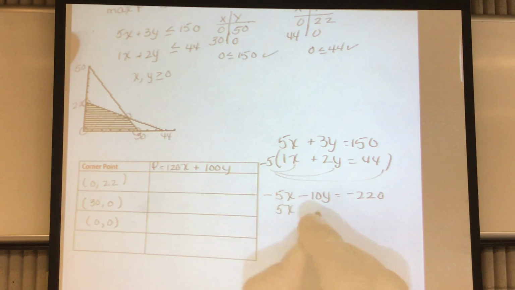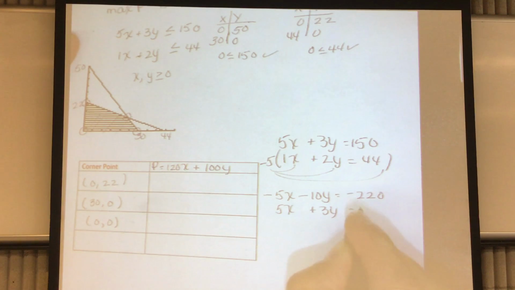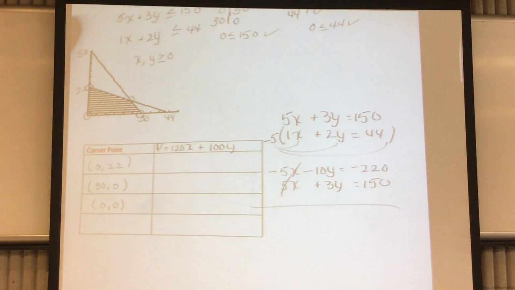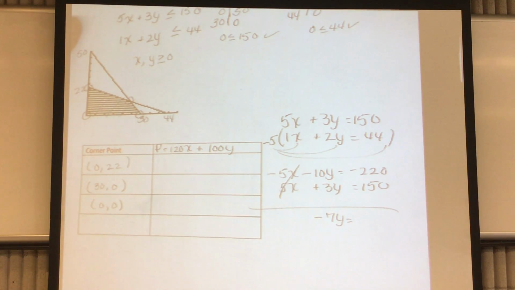And let's combine that with the first equation. So my x's cancel. I have -10 plus 3, which is -7y. -220 plus 150 is -70, divided by -7. Y is equal to 10.